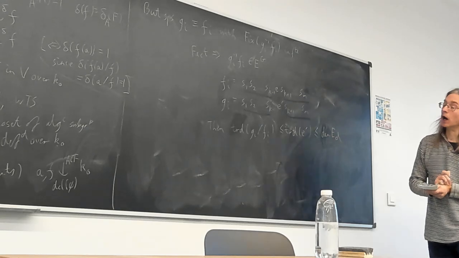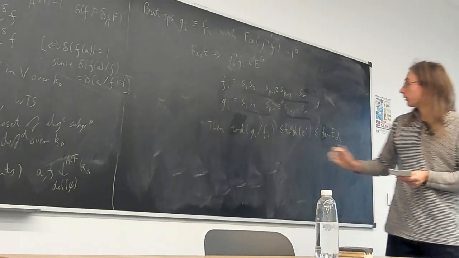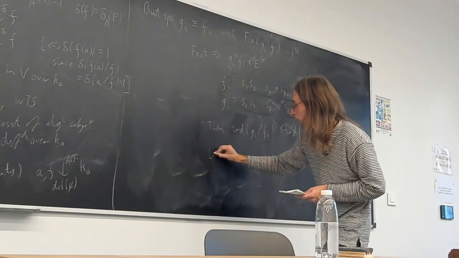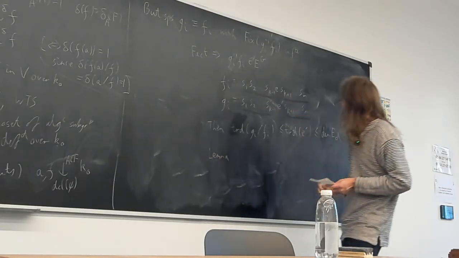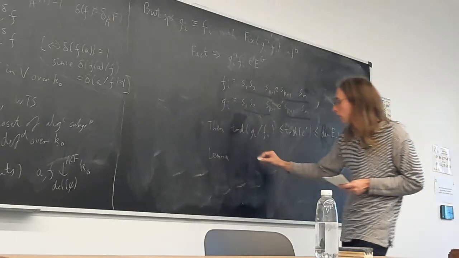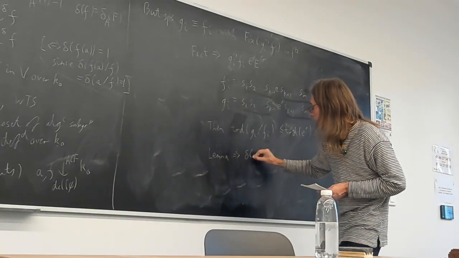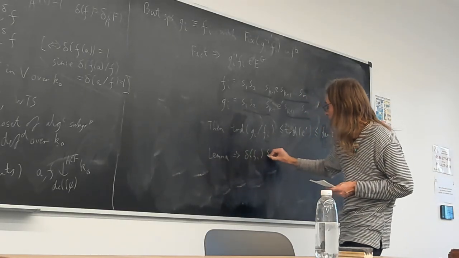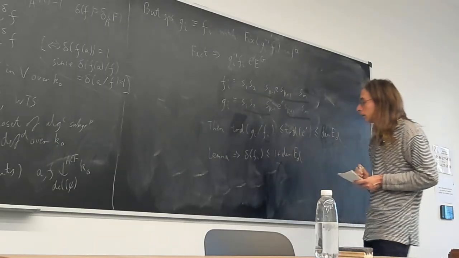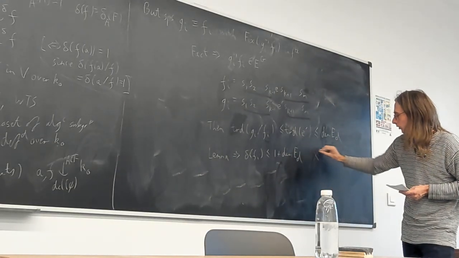Okay, so the lemma then tells us that this delta of f_i is bounded by 1 plus this, which is something fixed. And that contradicts the fact that it was unbounded.